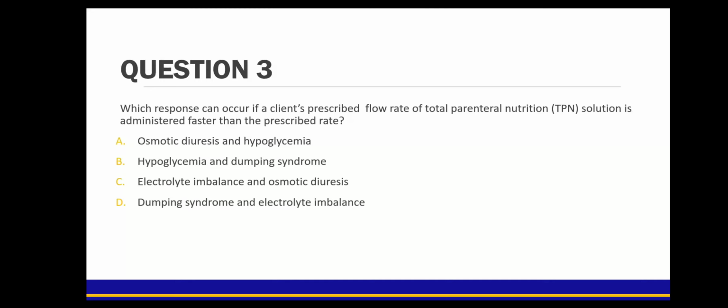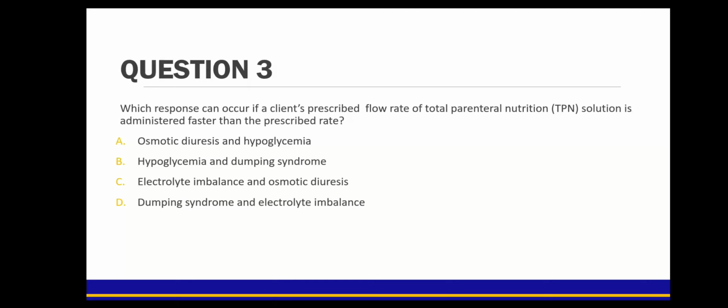So let's look at the first choice, osmotic diuresis and hypoglycemia. Although you can get osmotic diuresis, and I'm going to talk about what that is in just a moment, the key word here is that hyperglycemia is what's going to happen, not hypo. Remember, if you're giving this too fast, a lot of the TPN has sugar and insulin in it.